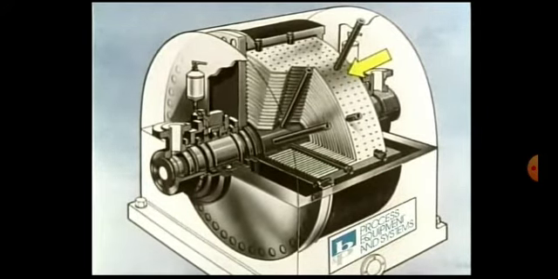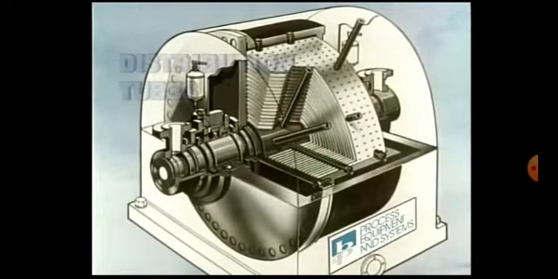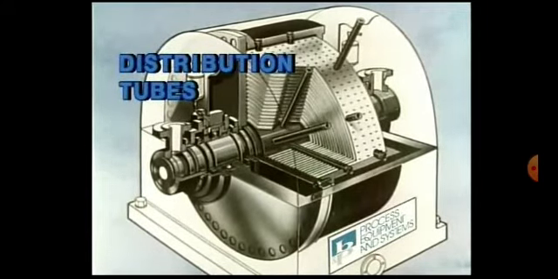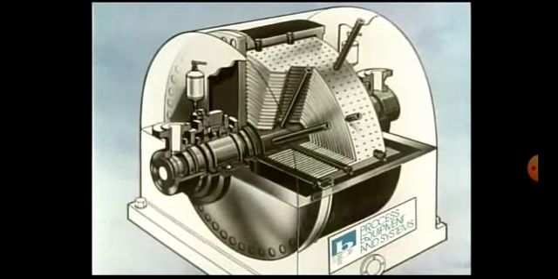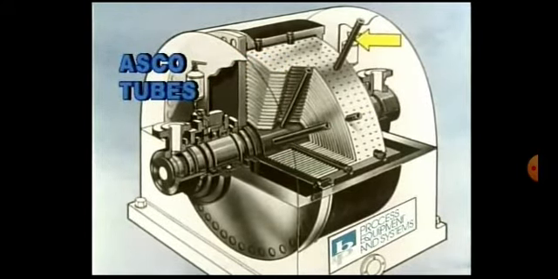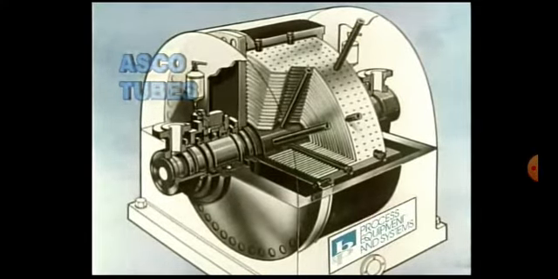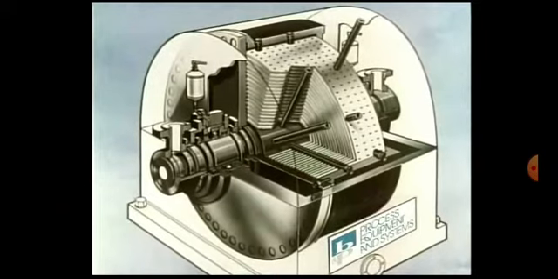These are the stainless steel discs which contain the holes, and these are the distribution tubes. So the distribution tubes are positioned at various positions or distances from the central rotor. These are called ASCO tubes. So some of the tubes are attached to the central rotor, and some of the tubes are attached outside.